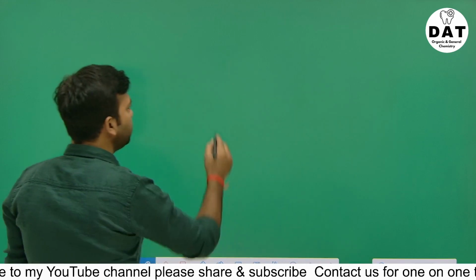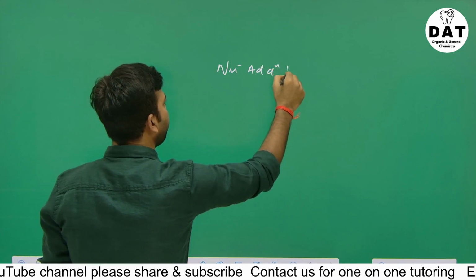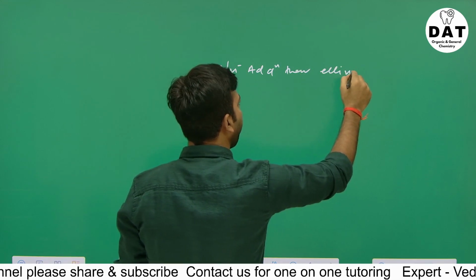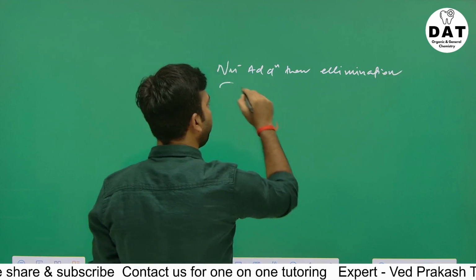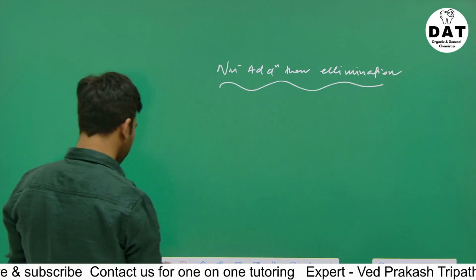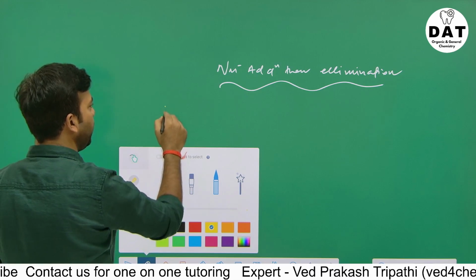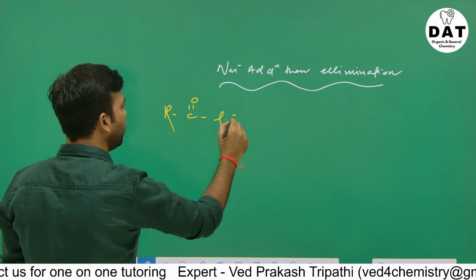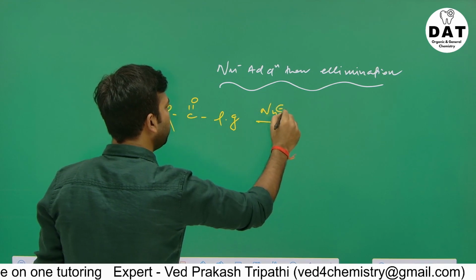Now the last one is nucleophilic addition, then elimination. Here we can say, suppose we have this type of carbonyl compound, this is the leaving group, okay, and here we have a nucleophile.